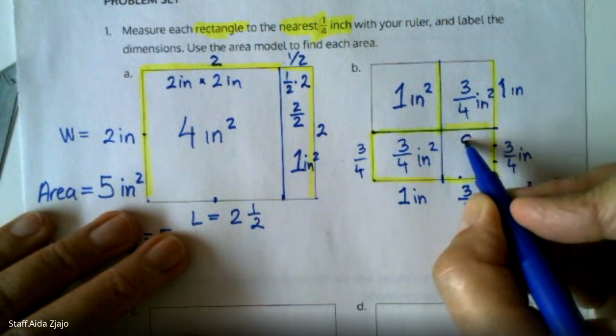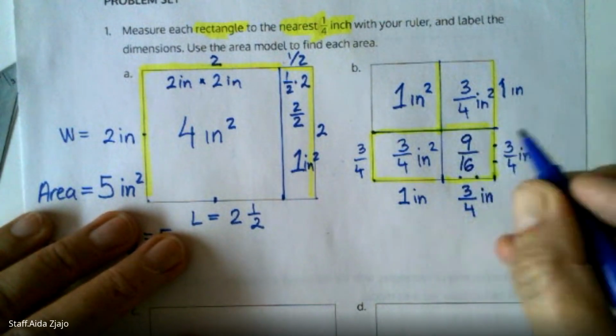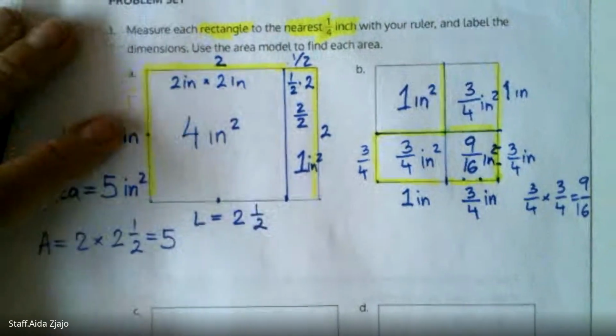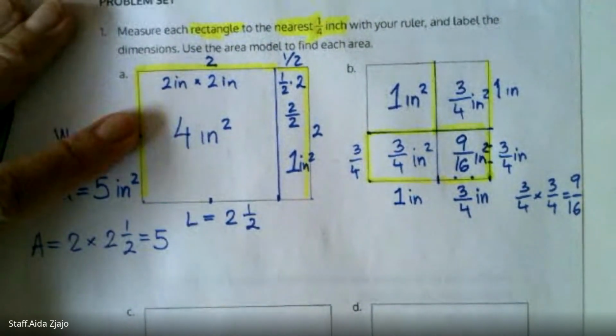So 9/16 square inches. Now add all this together.